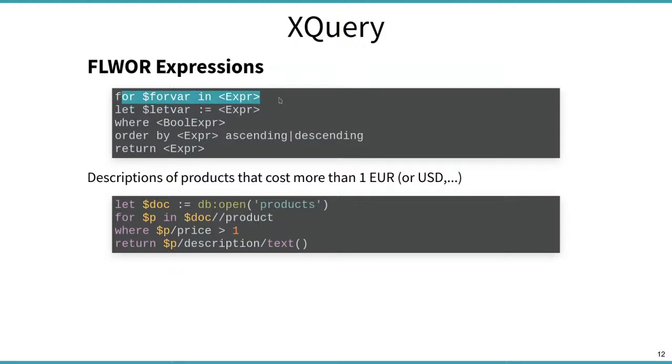So for is used for iterating over a sequence of nodes that is found by this expression here, and this expression is an XPath expression. So you use XPath within XQuery. This XPath expression is just opening the database. It's a let clause. So let and for can be used multiple times and in any order.